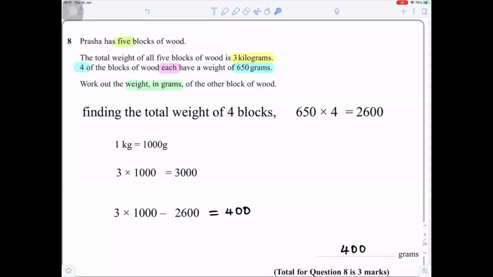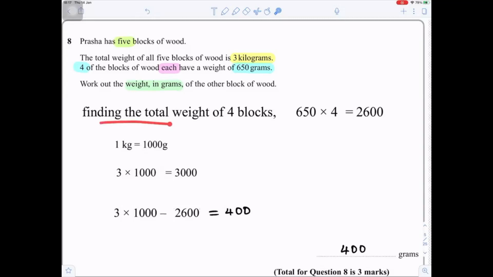Question number 8. Pasha has 5 blocks of wood. The total weight of all 5 blocks of wood is 3 kilograms. 4 of the blocks of wood each have a weight of 650 grams. Work out the weight in grams of the other block of wood.